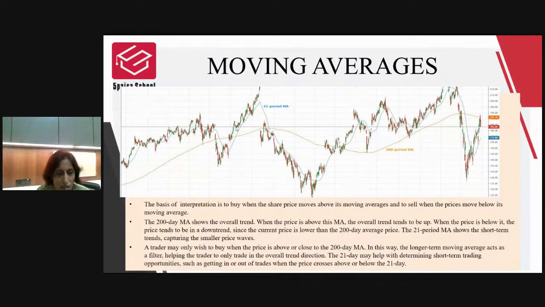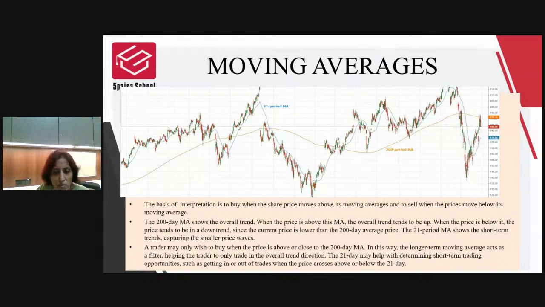So a trader may only wish to buy when the price is above, as you can see with this arrow, or close to the 200-day moving average. In this way, the longer term moving average acts as a filter, helping the trader to only trade in the overall trend direction.